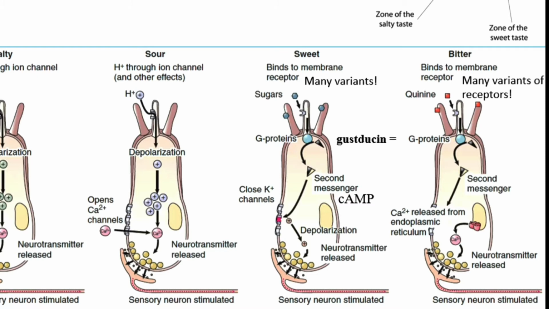Adenylate cyclase is an enzyme, it has the ending ase. This enzyme will make the second messenger, cyclic AMP, or cAMP. This second messenger will come and close potassium channels.